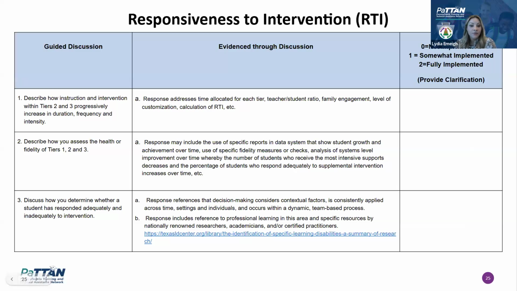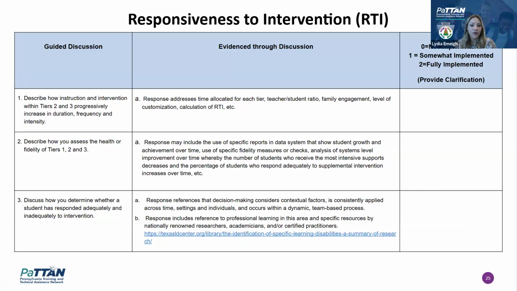During discussions, teams should examine how instruction and interventions within tiers 2 and 3 progressively increase in duration, frequency, and intensity. This review might include factors such as the time allocated for each tier, teacher-to-student ratio, amount of family engagement, level of customization, and the method for calculating RTI.